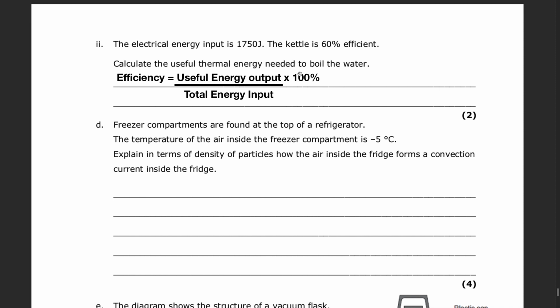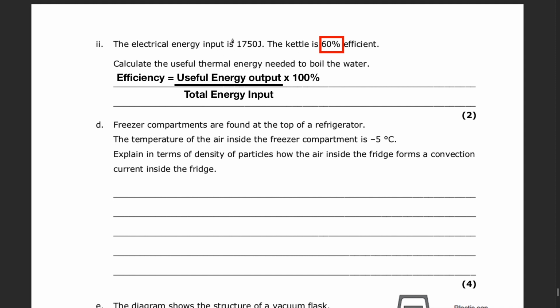Now in this case, we have to change the subject of the formula because we want to find the useful thermal energy, not the efficiency, because the efficiency has been given to us as 60%.